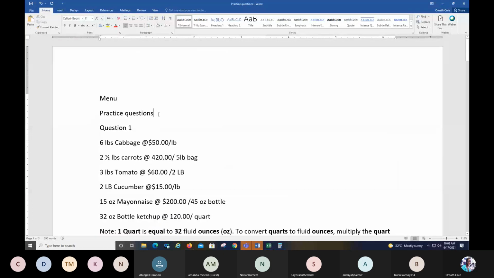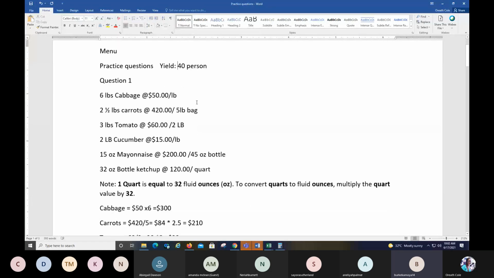I guess what we would need right here is a yield. So let's say this recipe was for 40 persons. All right, so we have to know how much the recipe would have been for. So this recipe calls for 40 persons.